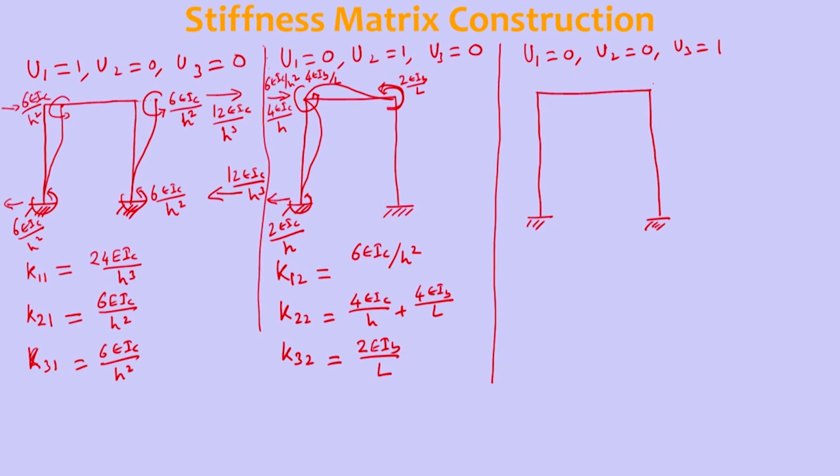So U3 is this one. So 1 unit anticlockwise rotation here. So it behaves like this and it rotates like this.